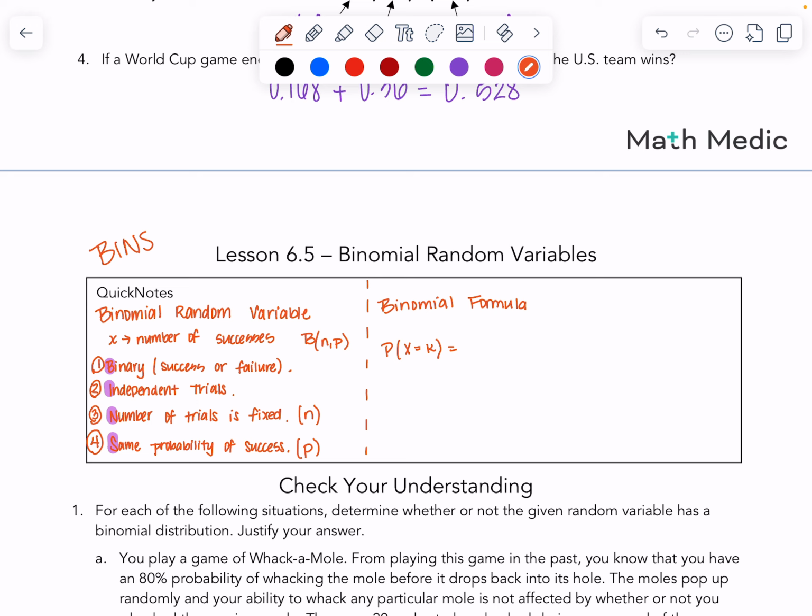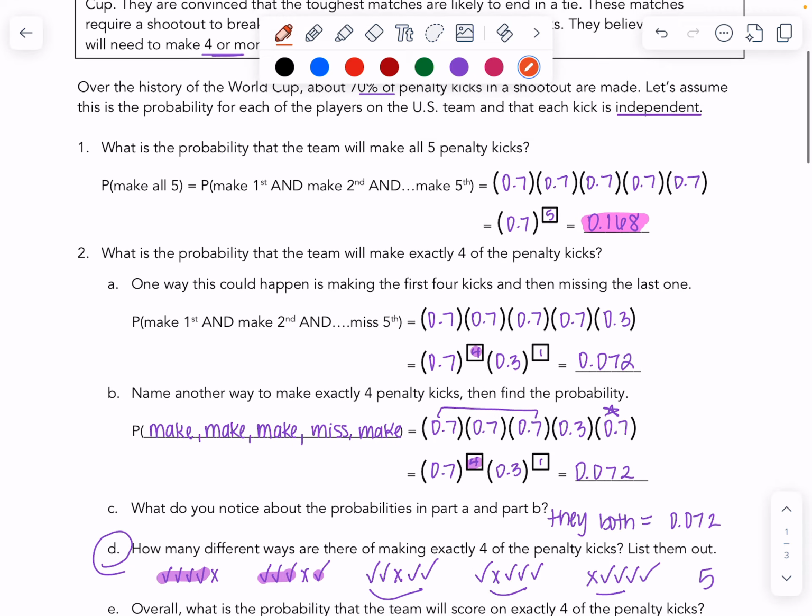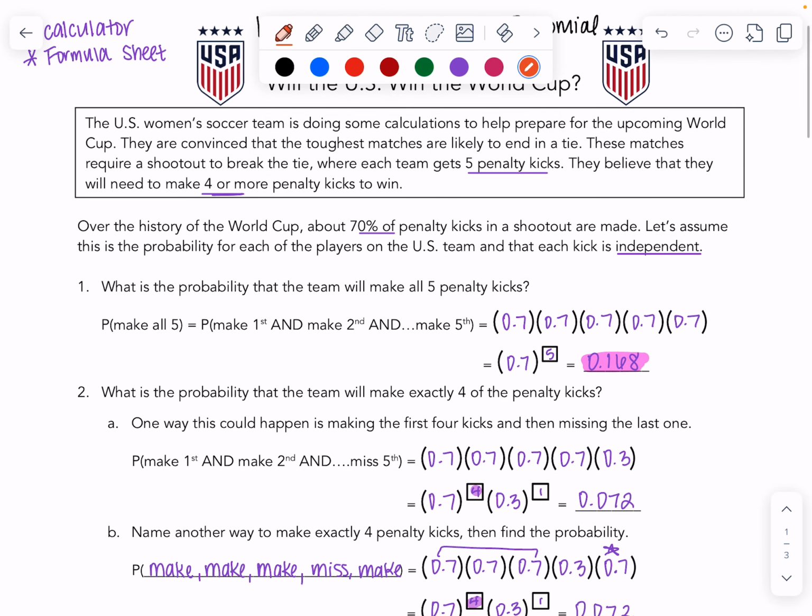5 total shots. So let's go back up and verify that this actually meets the binomial setting, because we didn't check these conditions. Binary: it needs to be a success or a failure.